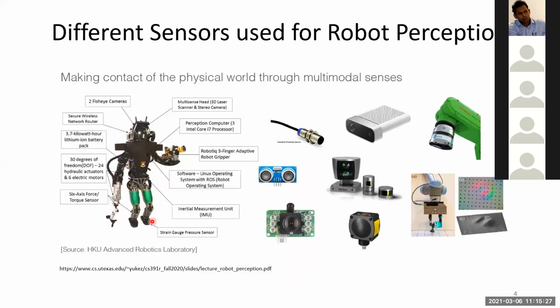The important thing about robot perception is the sensors, and it has many different sensors: two fisheye cameras, a laser scanner, an inertial measurement unit, a pressure sensor, and a torque sensor. In addition to that, many different robotic platforms can have LiDAR sensors, ultrasonic sensors, different kinds of cameras, RGB sensors, and so on.